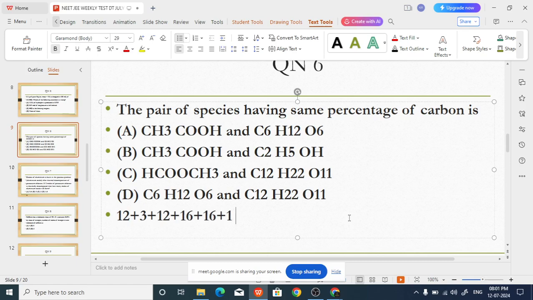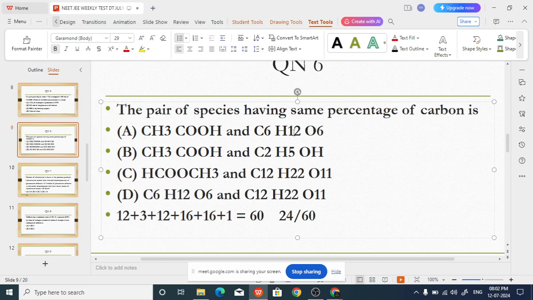How much are you getting? 15, 27, 27, 32 is how much? 59, 60? Are you getting 60? Out of which how much is C? C is 12 plus 12, 24. So here you are getting C is 24 by 60.